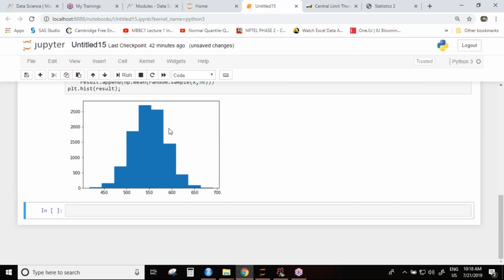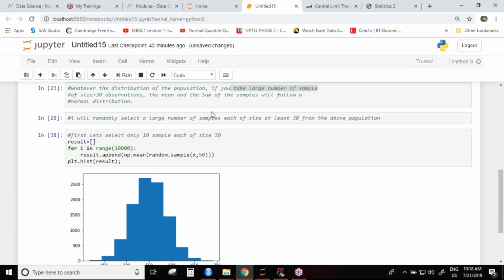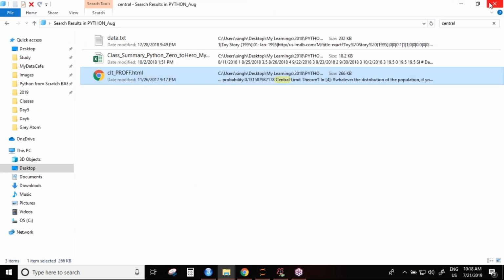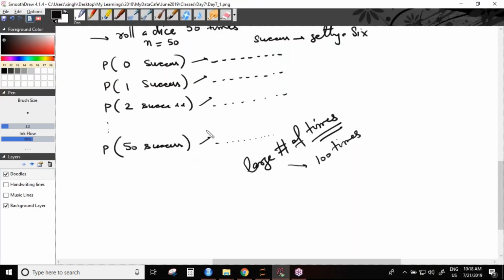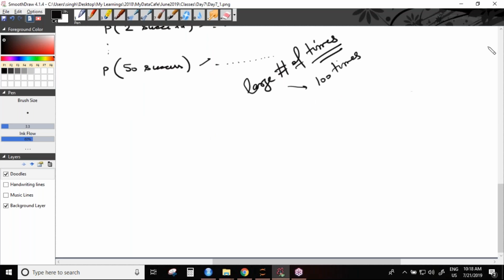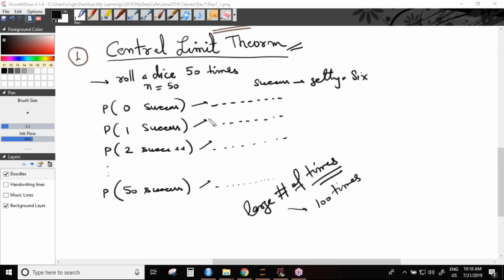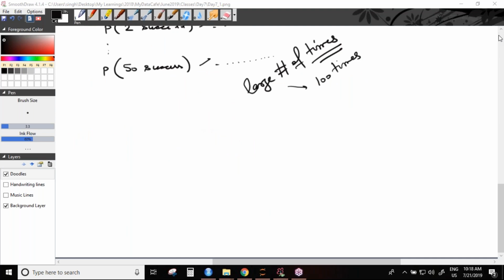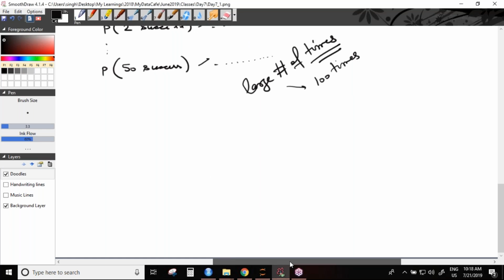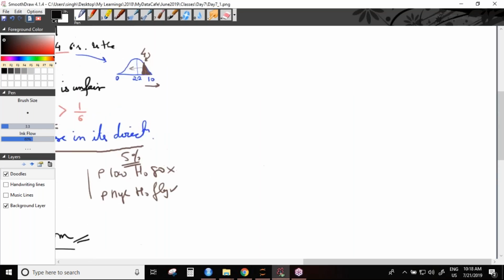Okay, so let me explain that to you now. I know I messed up here a bit. Let me go back to this sheet. So the central limit theorem, let me open up a new sheet.